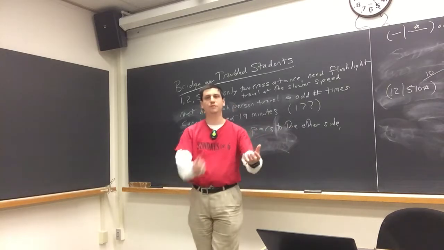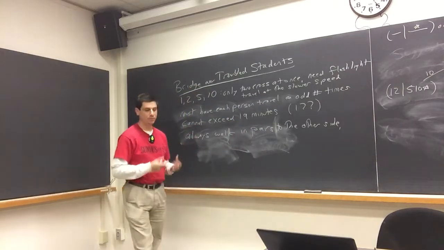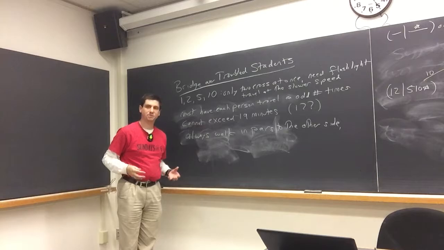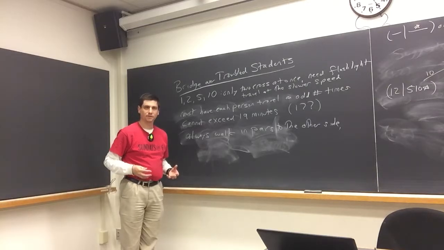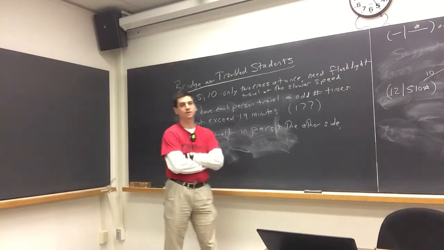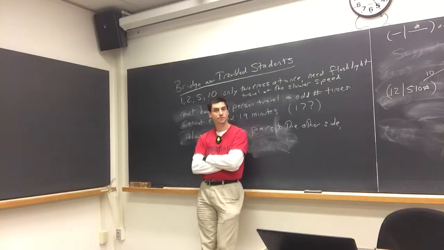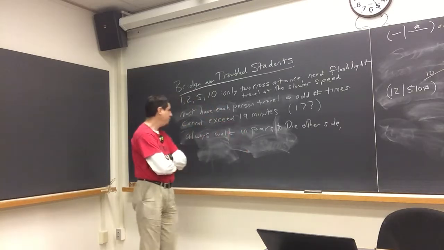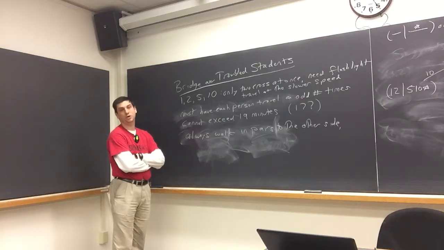Do we want to have maybe multiple people come over? So maybe we have a bunch of fast people, and then eventually we send a huge number of fast people back. Well, they'll always go at the slower speed. That might be better than doing 2 trips. So maybe we could send multiple fast people back. It's not immediately clear. Maybe always walk in pairs to the other side, maybe on first move.